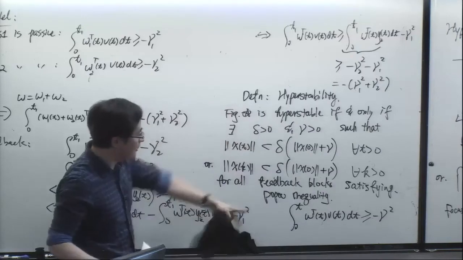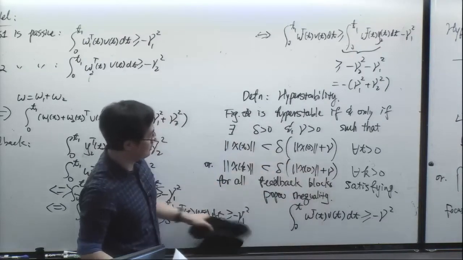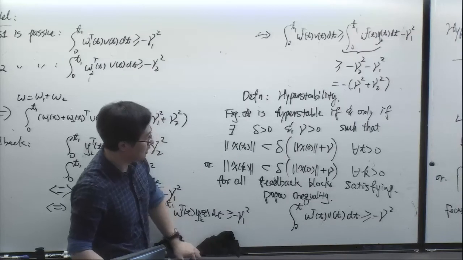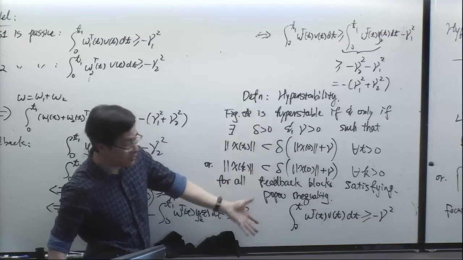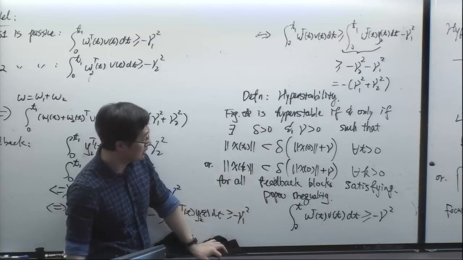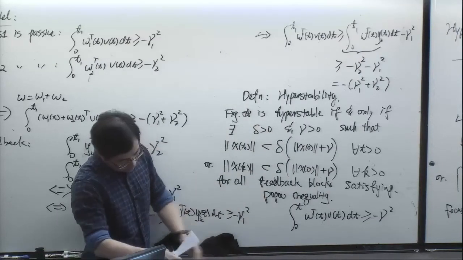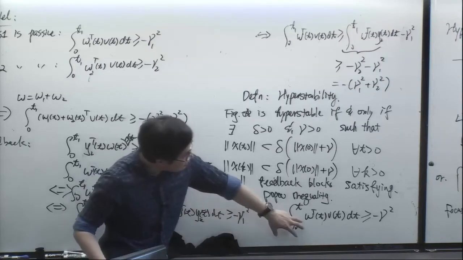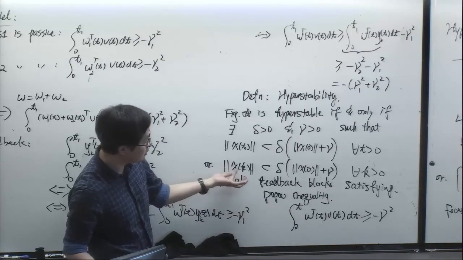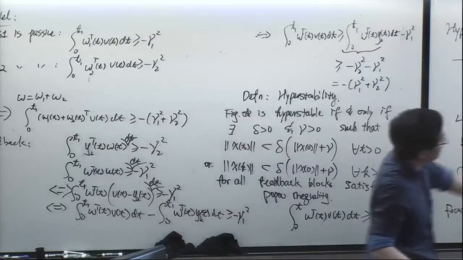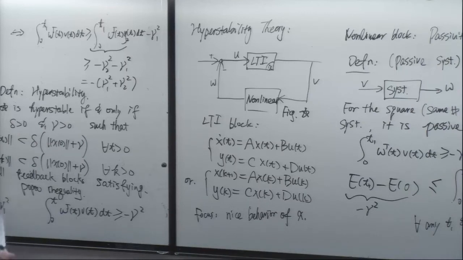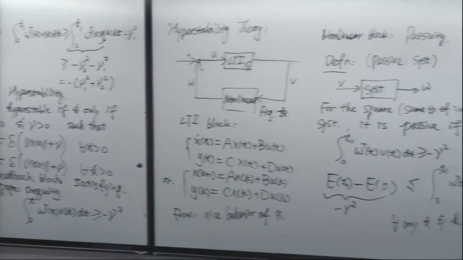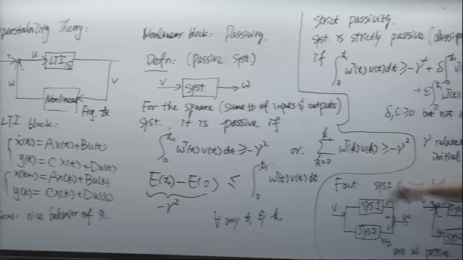All right, so effectively this is saying it's passive in the nonlinear block. But when Popov made these discoveries, he wasn't aware of the concept of passivity yet. This is for continuous time, and effectively for discrete time systems, it's the passivity definition, the summation here. So for discrete time, the Popov inequality is exactly this one.